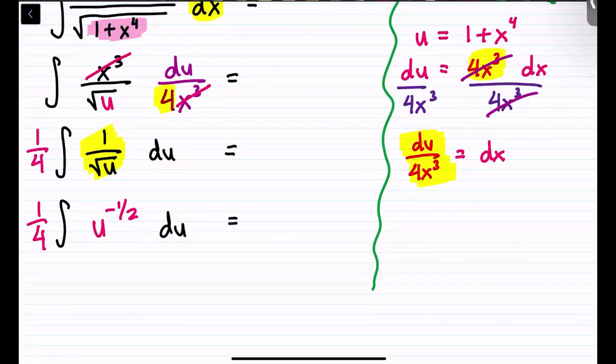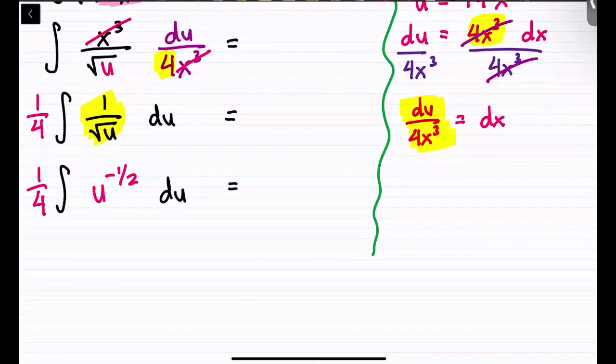Now, taking the integral of this is so much easier. We will just use the power rule. Okay, so take the integral of u to the negative 1/2. And again, the power rule says that we will increase the original power by 1.